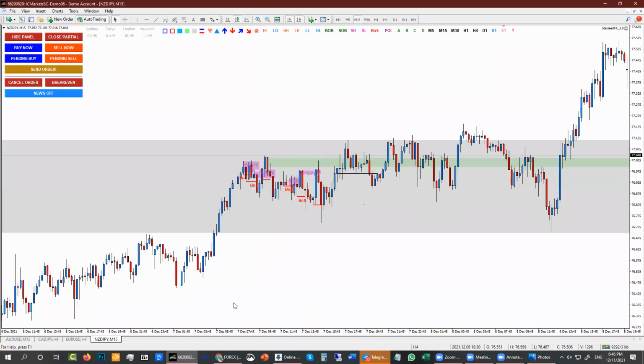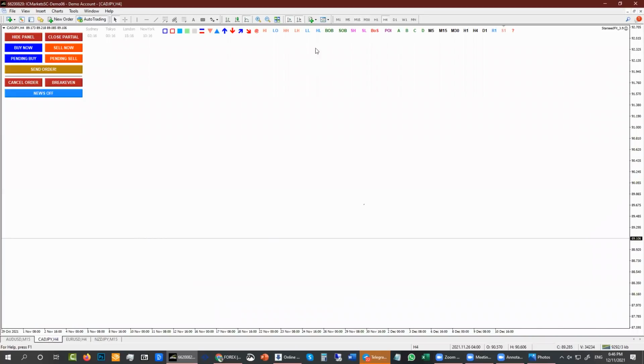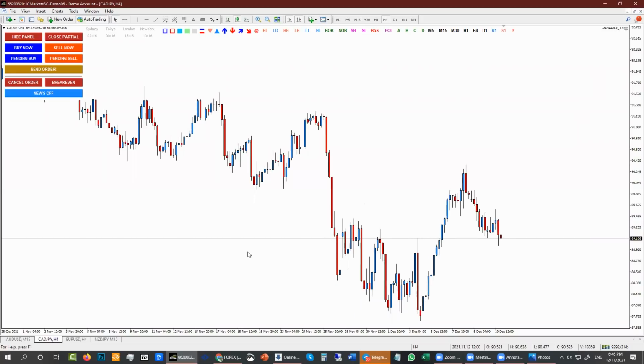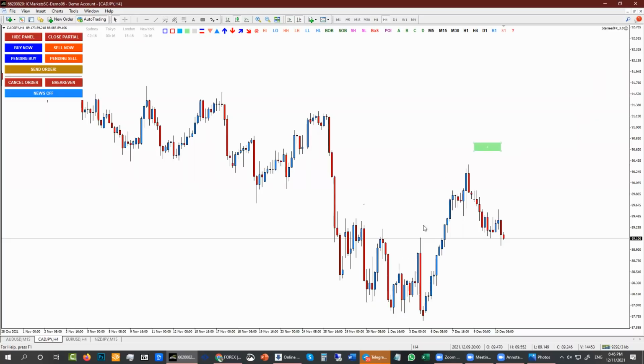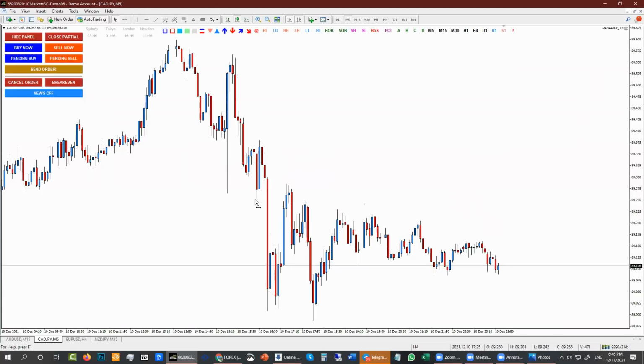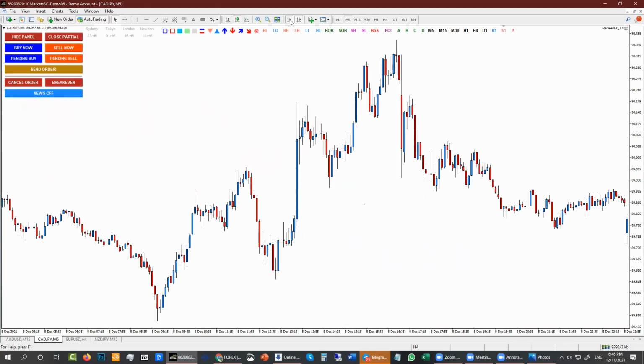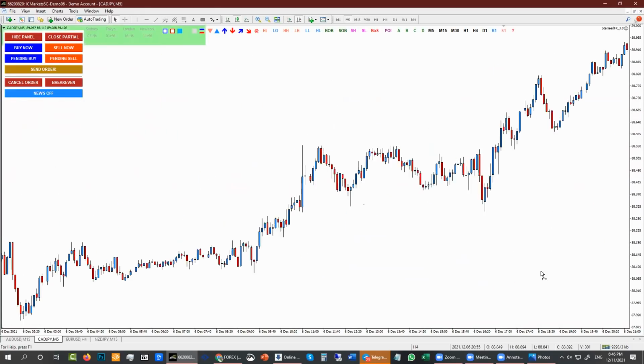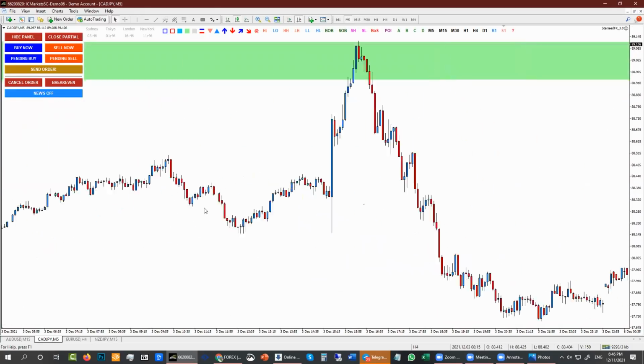Let me show you the difference with this Canadian. All right, now take a look. This was our order block that was working, right? Regardless, it is only one candle, but it gives us some profit. Take a look. Where? It was here, right?